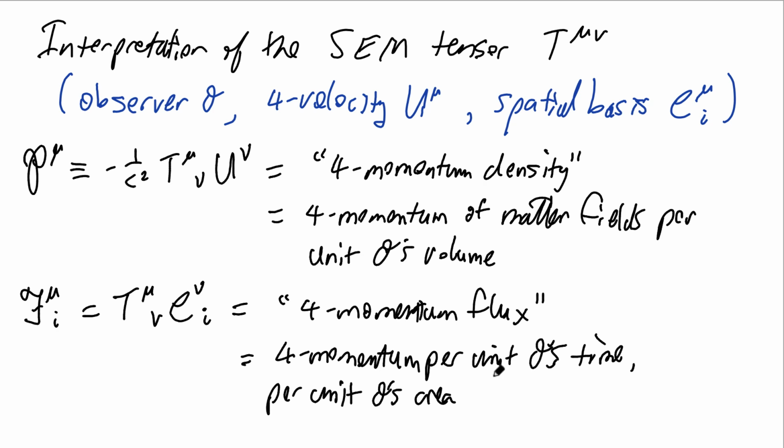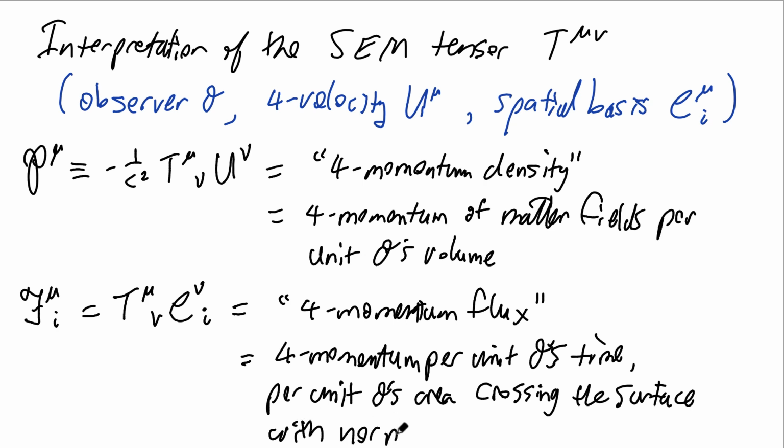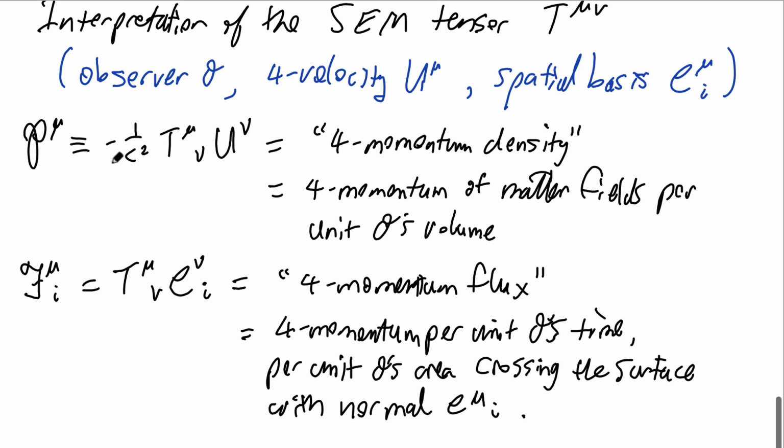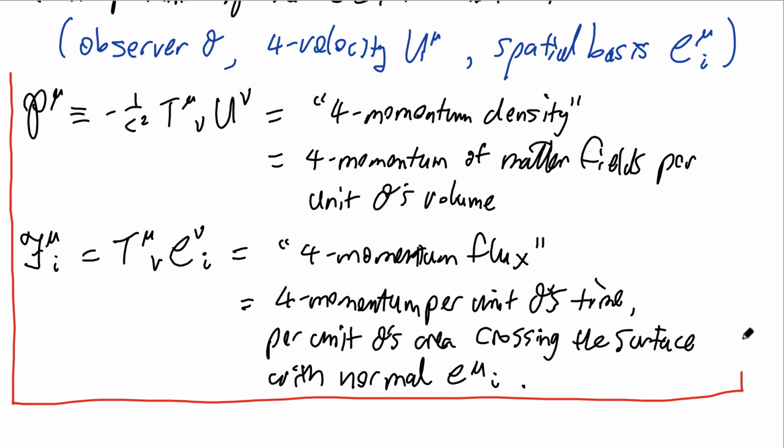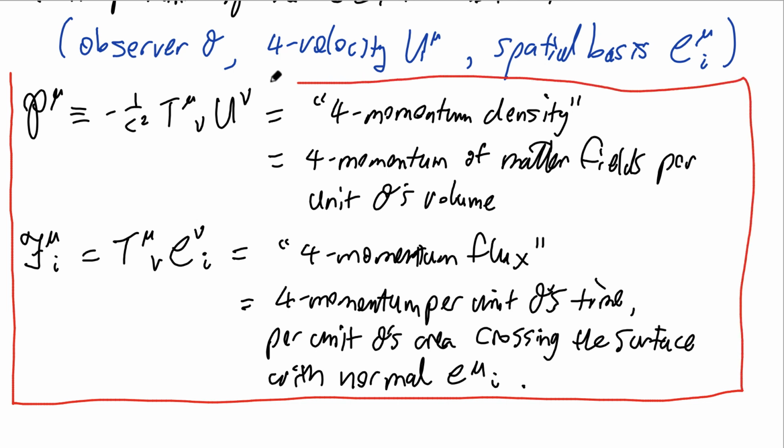Area is measured by O, crossing the surface with normal vector E mu I. So P mu is the 4 momentum density, F mu I is the 4 momentum flux.